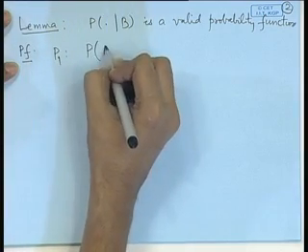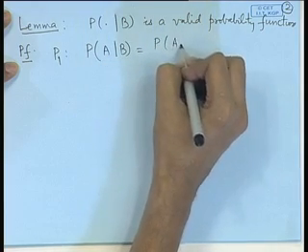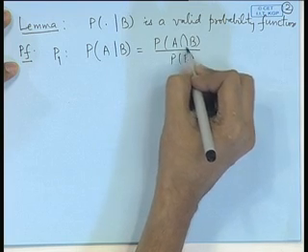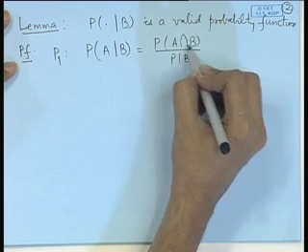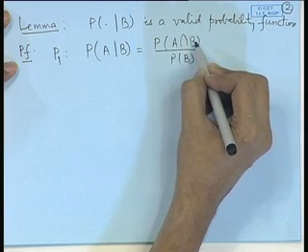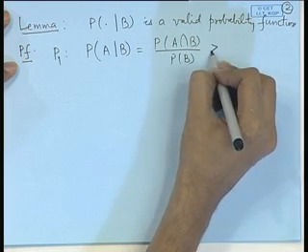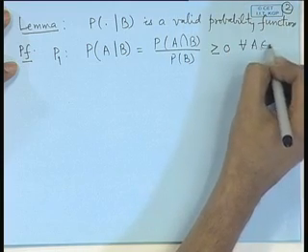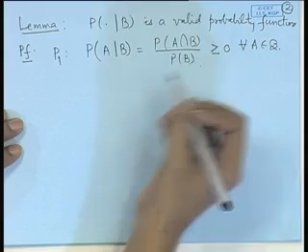Probability of A given B is equal to probability of A intersection B divided by probability of B. Probability of A intersection B is always greater than or equal to 0, and probability of B is strictly positive, therefore this is always greater than or equal to 0 for all events A. So, the first axiom is satisfied.